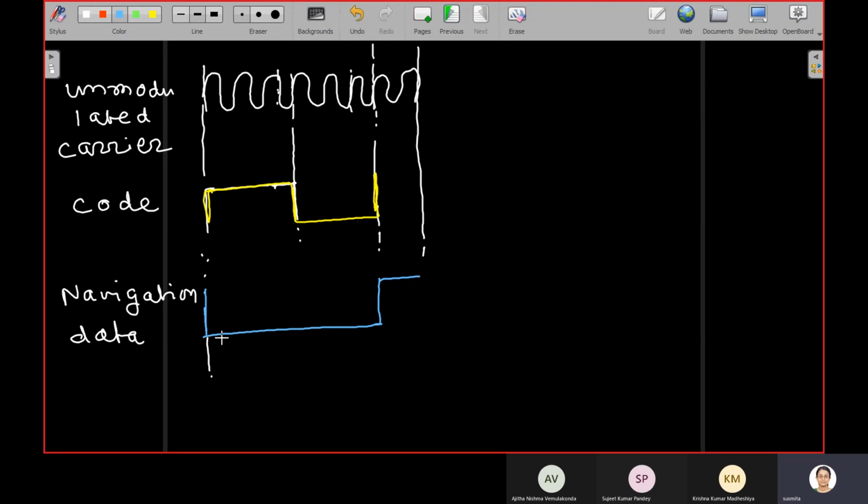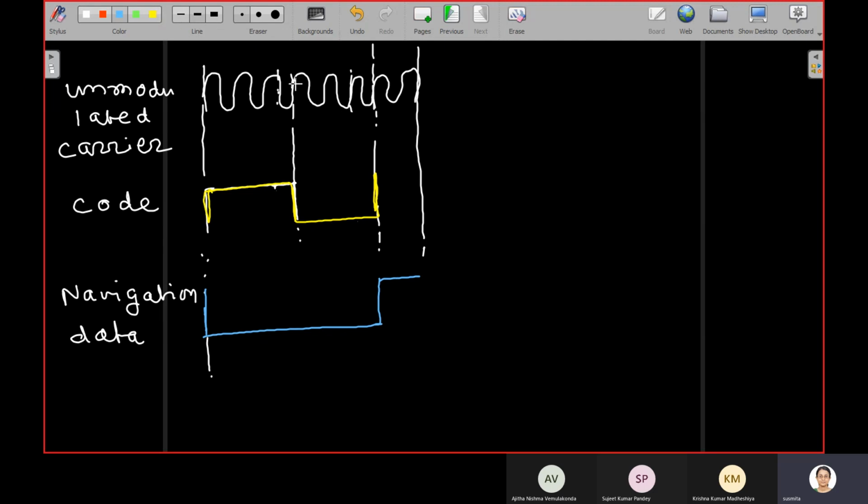Of course, the navigation data will be much longer because 50 bits per second, you can imagine, right? And then the carrier has a frequency at the gigahertz level, whereas here we just have 50 bits. So it is much longer, but here for representation purposes, I have shown only few cycles.